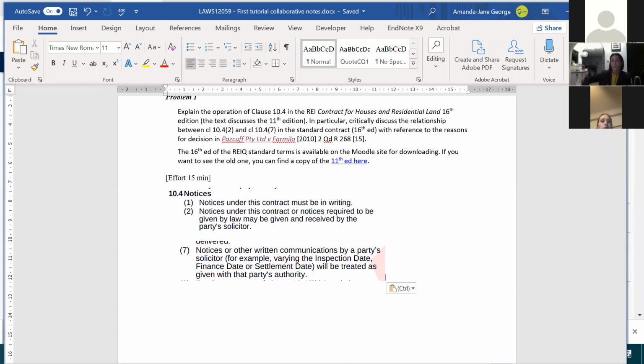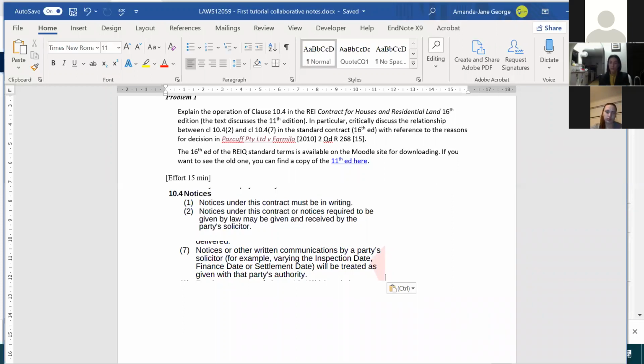Yes, and I'm glad you brought that up, because it really highlights something about this unit that everyone would do very well to take note of. And that is to be an absolute stickler for adhering to due process, whether that is process as set out in the general law or whether it is the process set out in the contract.